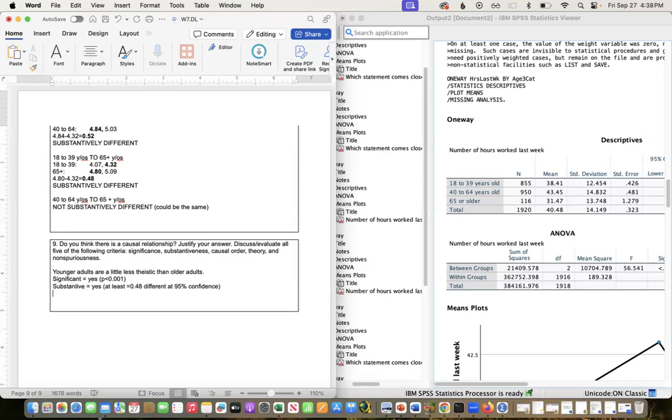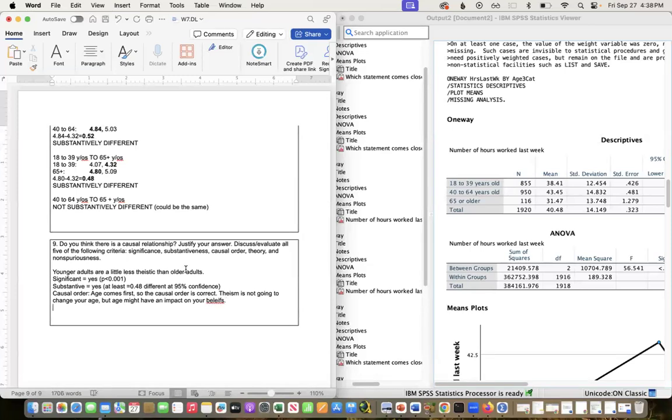okay, now we need causal order. So if you believe more or less in God, that's not going to change your age, right? So age comes first, so the causal order is correct. Theism is not going to change your age, but age might have an impact on your beliefs.